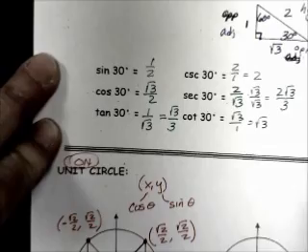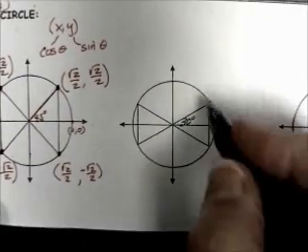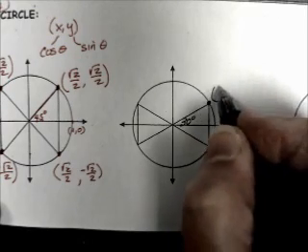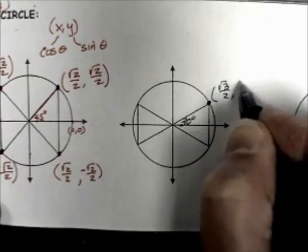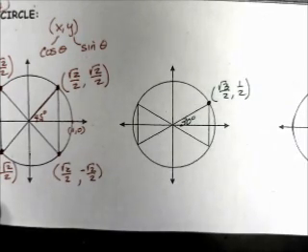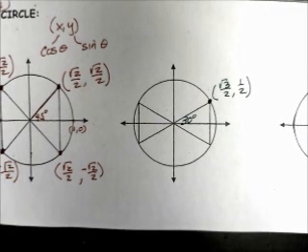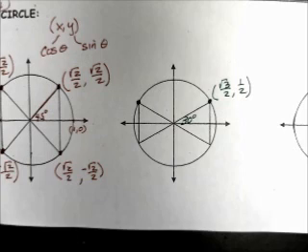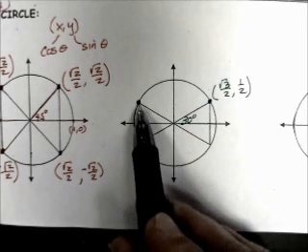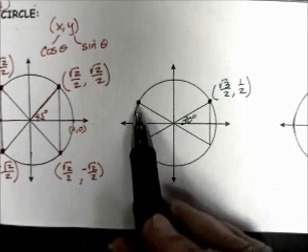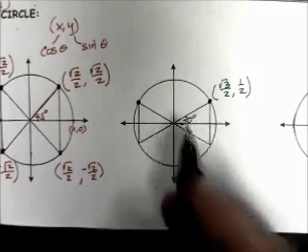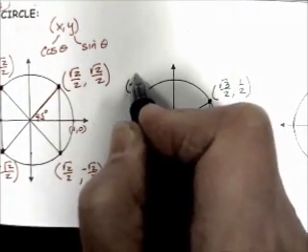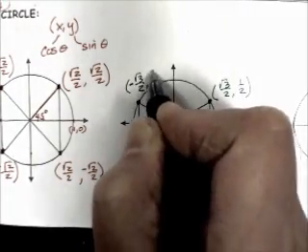The sine is 1/2. So the coordinates of this point here would be square root of 3 over 2, comma, 1/2. In quadrant 2, the cosine, or our x-coordinate value, is negative. So this would be negative square root of 3 over 2, comma, 1/2.